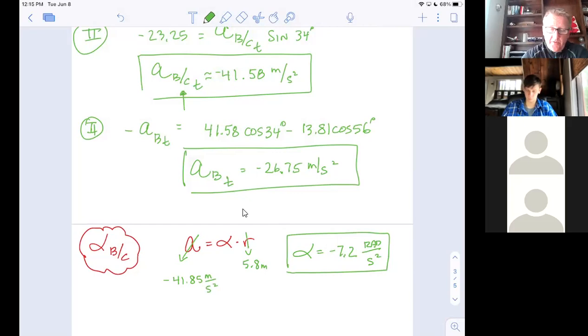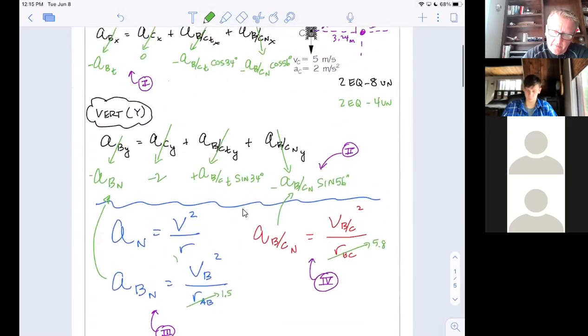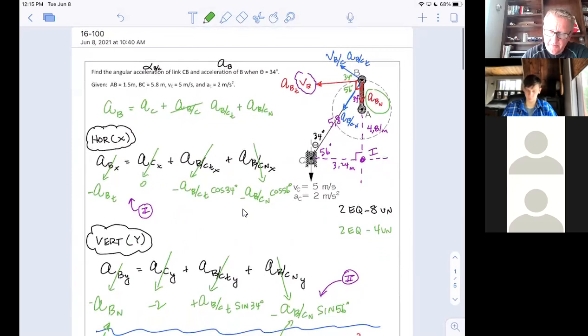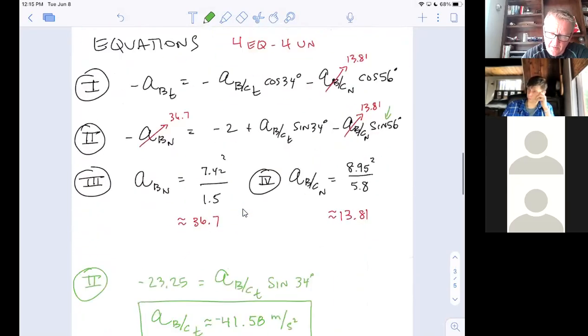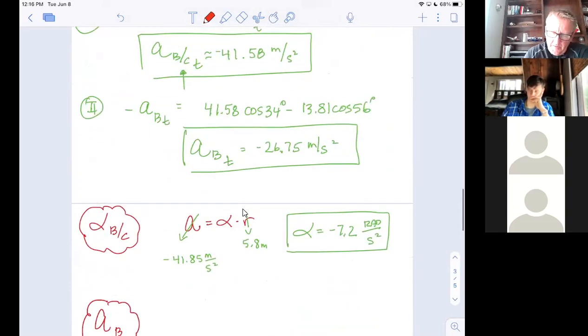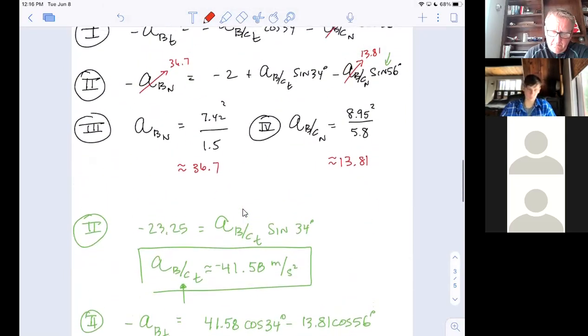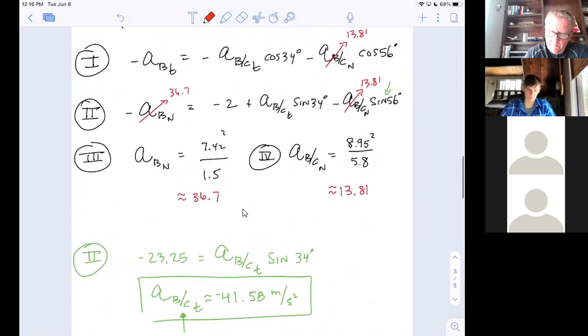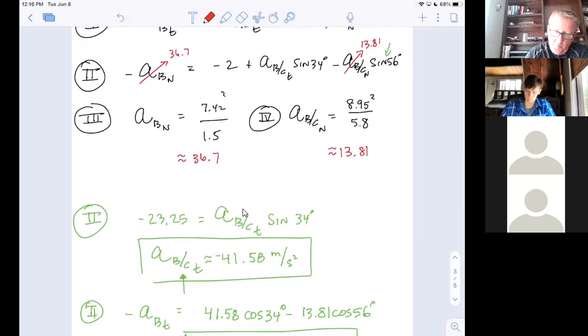So that's actually the answer I was asked for. What was the other answer I was asked for? The acceleration of B, just the acceleration of B itself. Well, I have the acceleration of B tangential, and I have the acceleration of B normal.